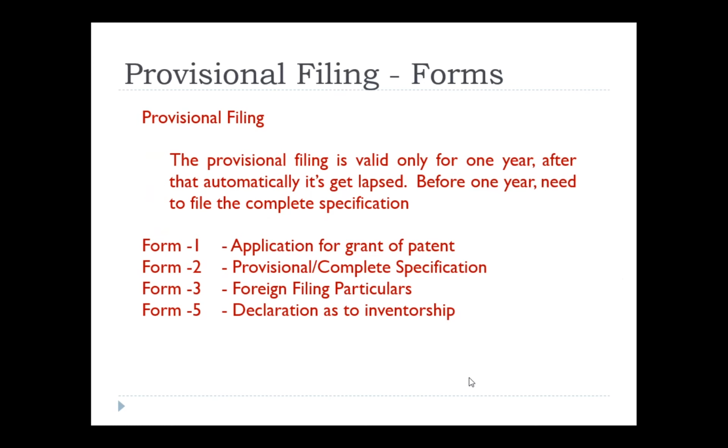They reduce some 10 percent to encourage more and more e-filing, to avoid printouts or hard copies, right? So the other forms like Form 2, Form 3 and Form 5 don't have any charges at all, right? Only Form 1: if you are filing provisional, the government filing fee is only 1750 rupees at the maximum, right?